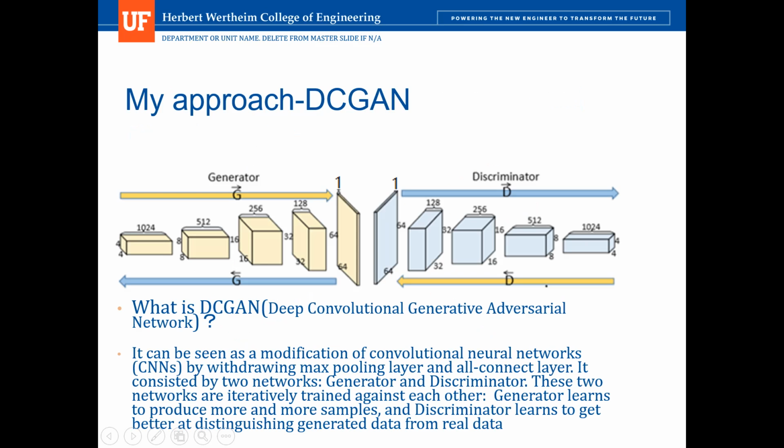For example, as shown in this picture, for the generator, the size of the feature map becomes larger and larger, from 4x4 to 8x8, and finally it becomes a picture size, 64 by 64.